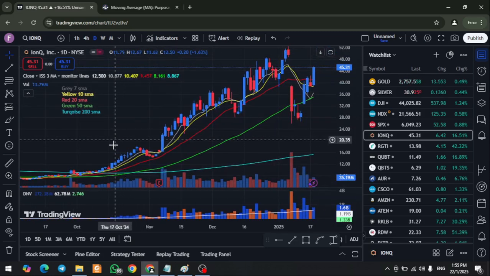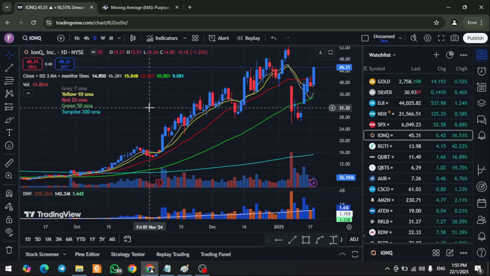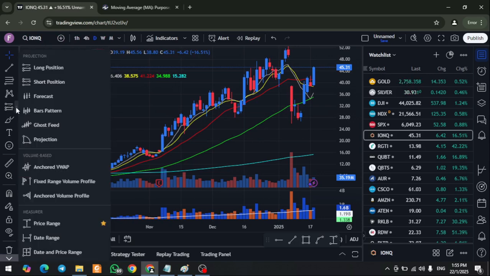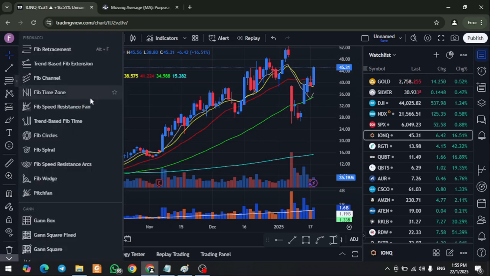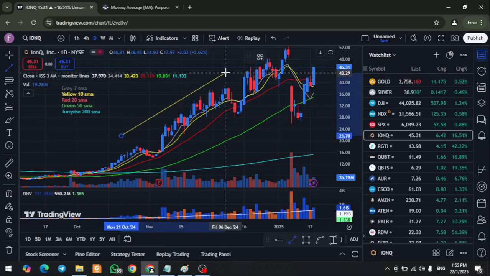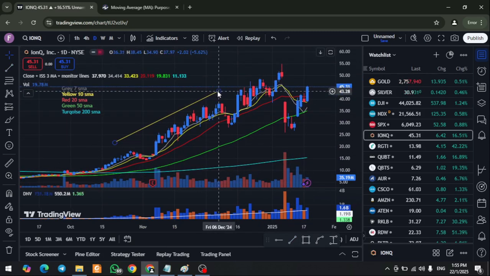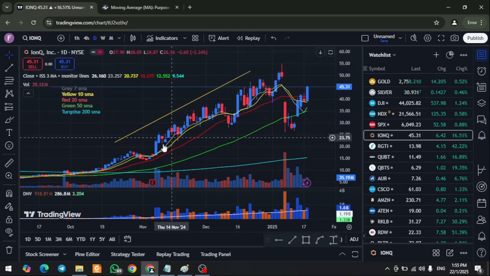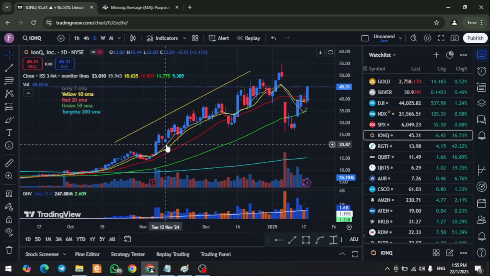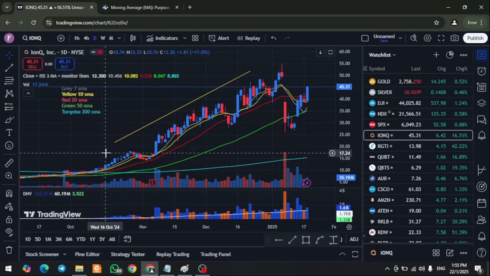During the stage 2 advancement, the stock is rising, and the price usually bounces on the 7 days or 10 days moving average.